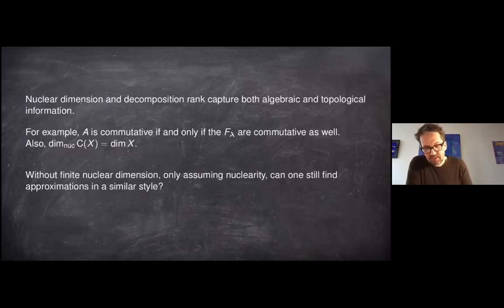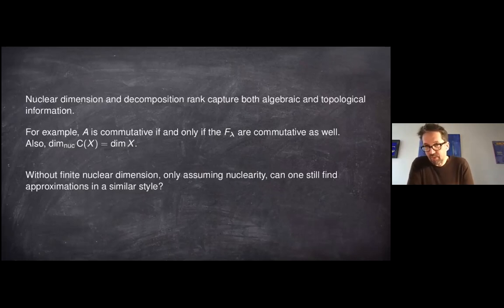And then this is all very nice, and you have this correspondence between finite nuclear dimension and Z stability, which is quite surprising. This works in the setting of simple C-star algebras.